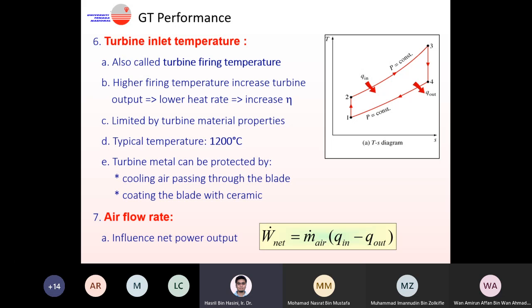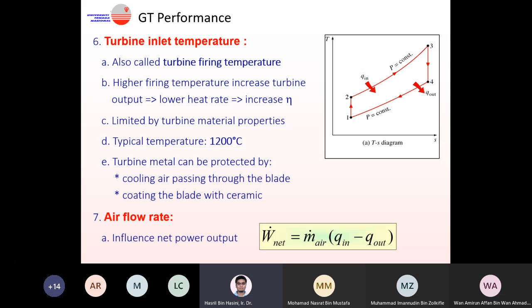That's why engineers have thought about methods by which we can push this number as high as possible. They came out with the cooling system. They came out with new material to withstand the temperature as high as possible.